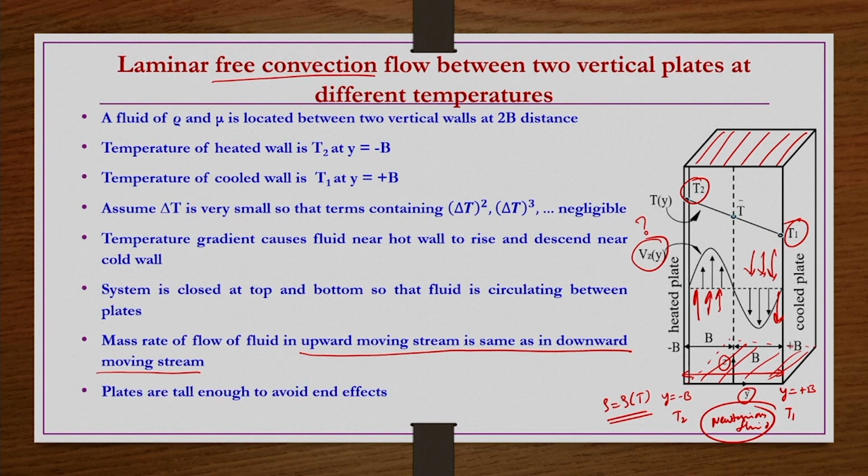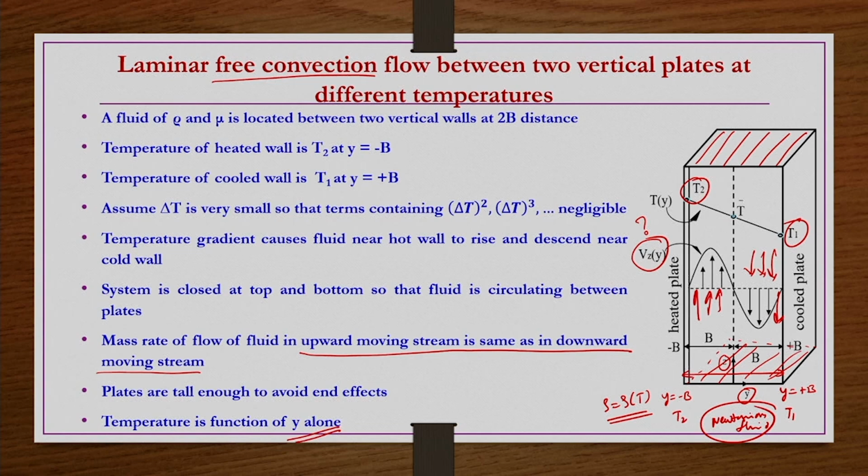The plates are tall enough to avoid end effects, so we can have the fully developed flow assumption, and temperature is a function of y alone. It is given, so we do not need to worry about whether temperature is a function of y or z, because for any scalar it is difficult to say whether it is a function of only one coordinate.